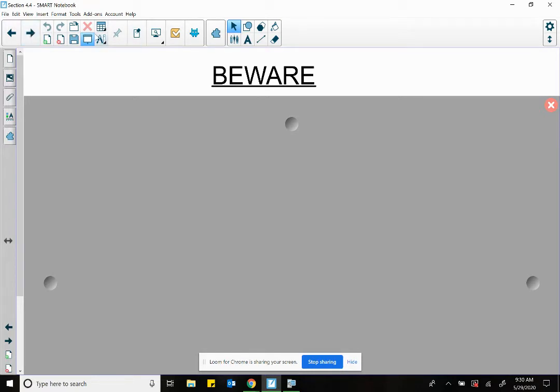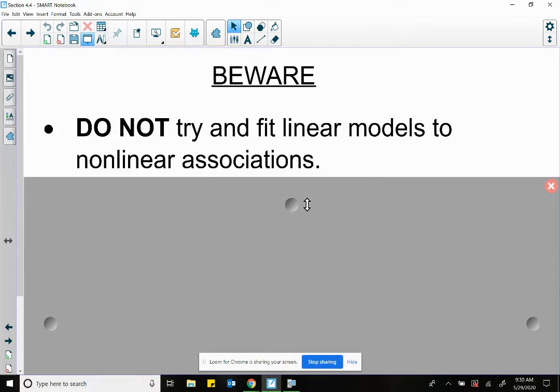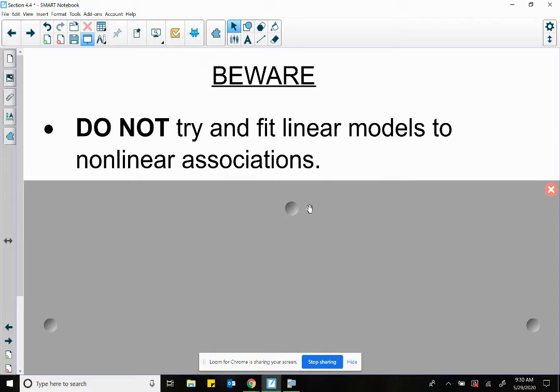Okay, so here we go. Some things you have to watch out for that are super important to be careful of: one, again, we've been talking about this for a while, do not try and fit linear models to nonlinear associations. Don't do it. Linear is what we want.